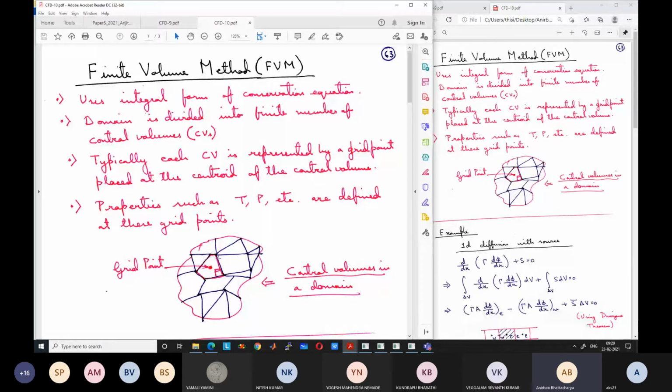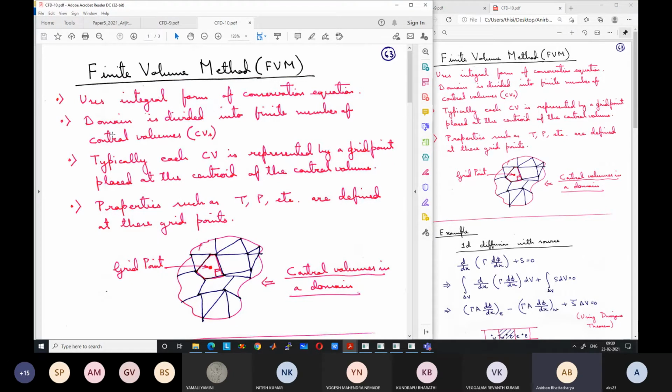It may also happen that for the entire domain the conservation of energy is not correct, although it is correct for individual points. But for the finite volume method, the conservation will be correct for the entire domain. What this means, I will come to later. At this point it may seem confusing to you.